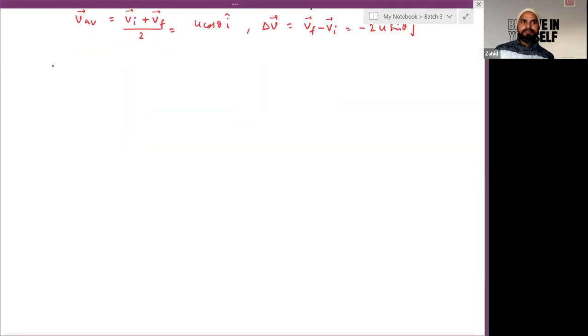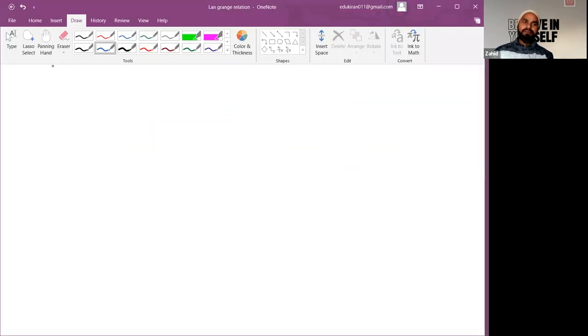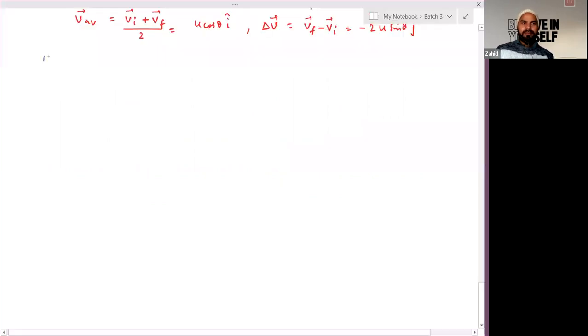Now next is motion along x-axis and y-axis. We have initial velocity along x-axis as u times cos theta. Initial acceleration along x-axis is 0, as horizontal projection is always constant.